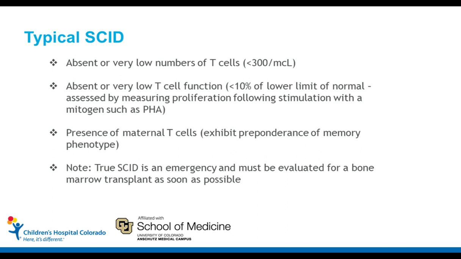So for typical SCID that has been identified by laboratory diagnosis and genetic diagnosis, in many cases, a bone marrow transplant, which effectively replaces the immune system, gives these babies a chance at a healthy life.